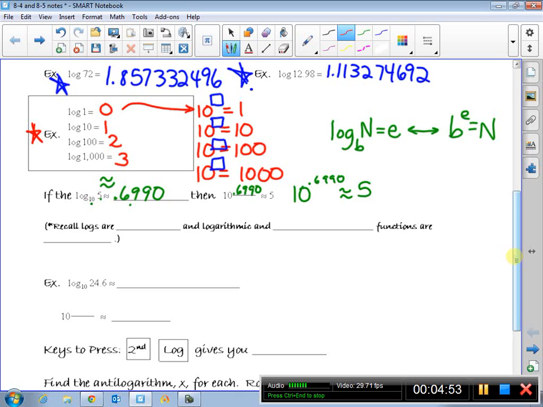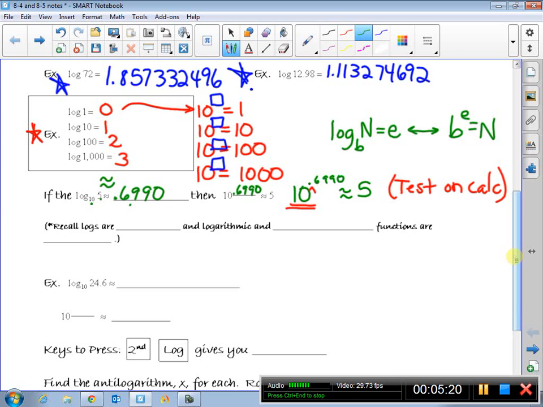So I want you to test this on your calculator by putting in 10 to the 0.6990. And sure enough, you see that that's 5.0003455. Because we rounded, it's not exact.